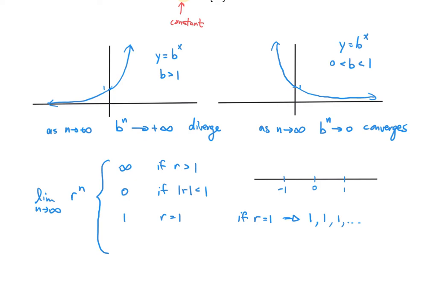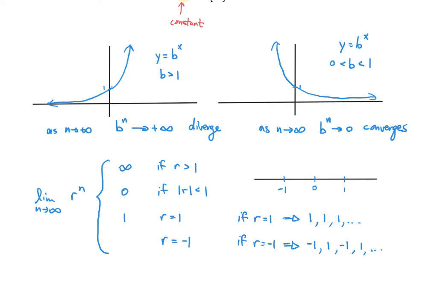What about the left endpoint over here? In other words, let's see what happens when r is equal to negative 1. What does our sequence look like? Well, the first term is going to be negative 1, because negative 1 to the first power is negative 1. The second term is going to be 1, because negative 1 squared is 1. The third term is going to be negative 1, because negative 1 cubed is negative 1. And then negative 1 to the fourth is 1, and so on and so forth.